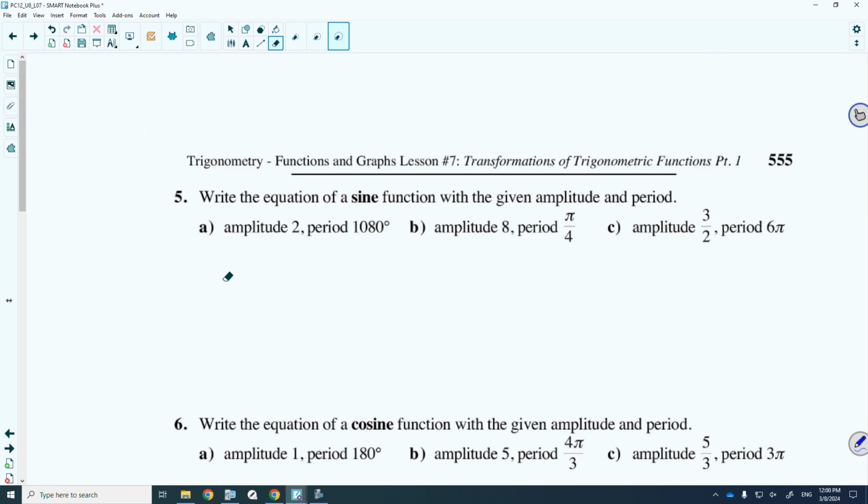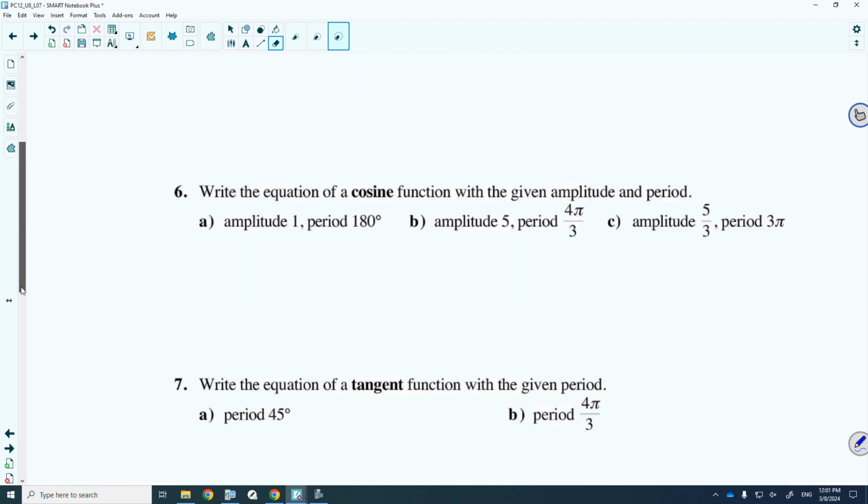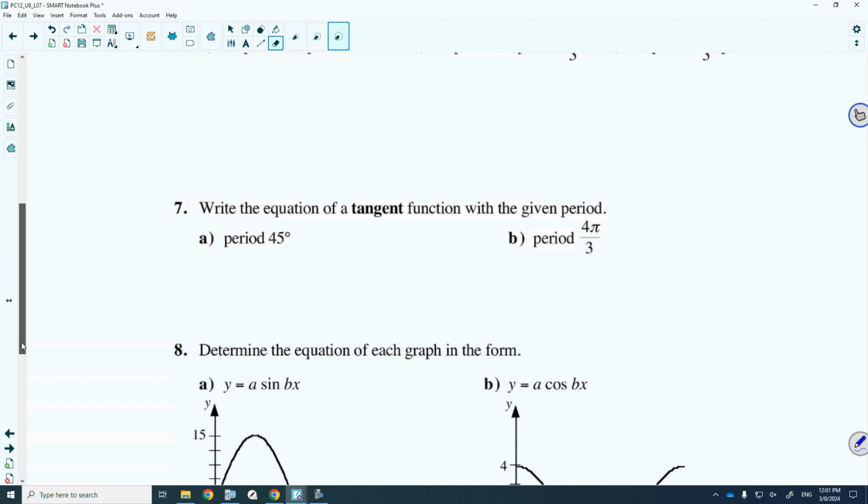Try number 7. Okay, so pause the video and see if you can write the equation in y equals tan of x. What's the b value if you have this period?